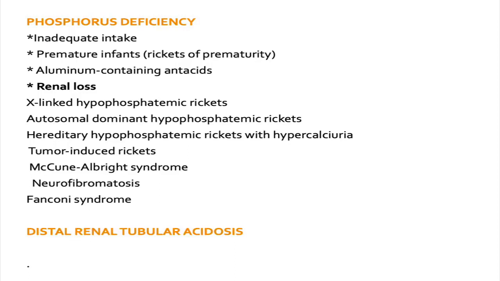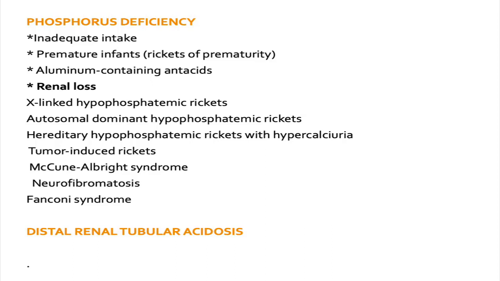There is what is called phosphorus deficiency, in which either there is inadequate intake, also in a premature infant, or aluminium containing antacid. Sometimes we use antacid for gastric disease, which contains aluminium, which binds phosphorus and causes phosphorus deficiency.